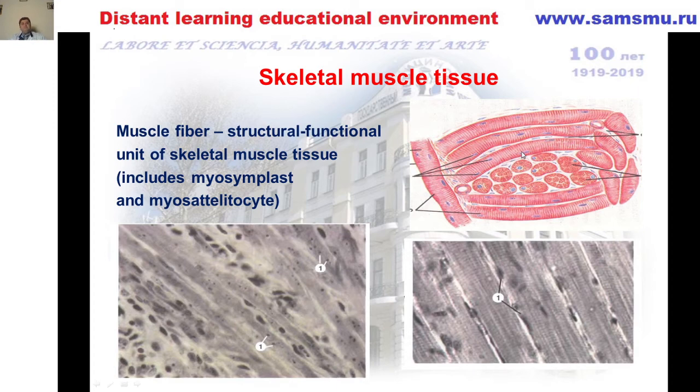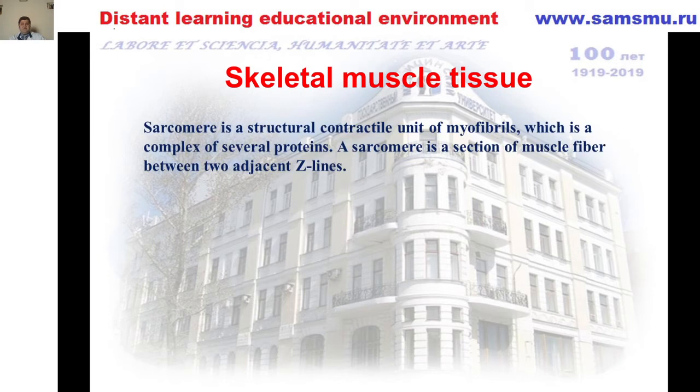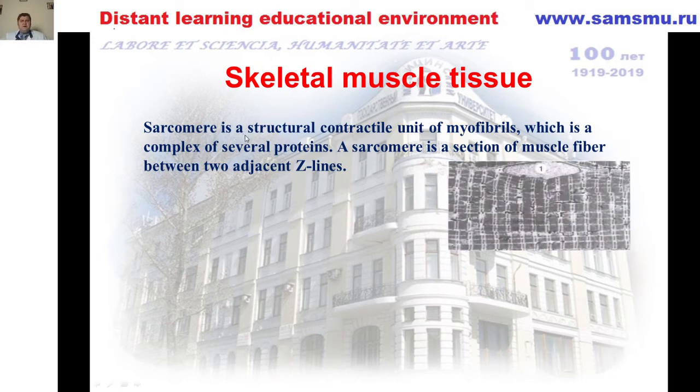All of them form muscle fiber, the structural functional unit of skeletal muscle tissue. And let's talk some about the internal anatomy of the myofiber. You may see that the sarcomere is a structural contractile unit of myofibers, which is a complex of several proteins.